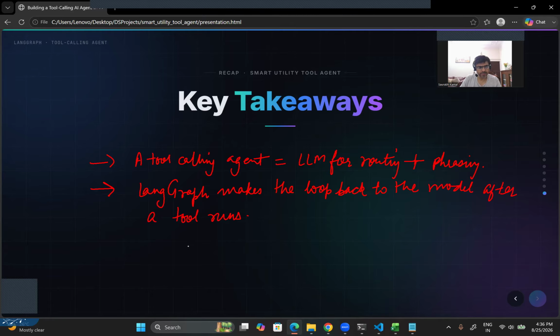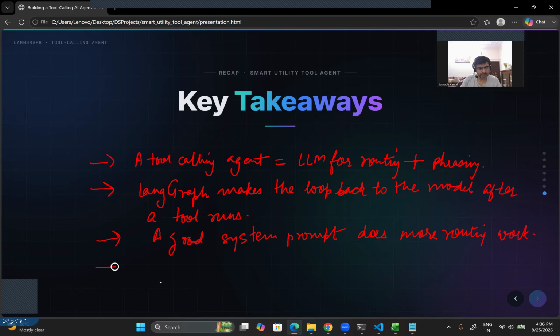Third, a good system prompt does more routing work.